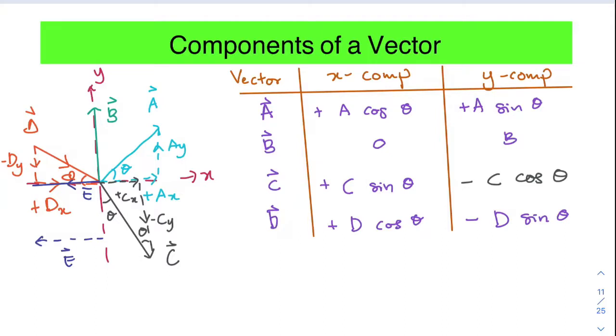And then for vector E, the y component is 0 because it completely lies on the x-axis, but it's pointing to the left, so it's negative E itself.